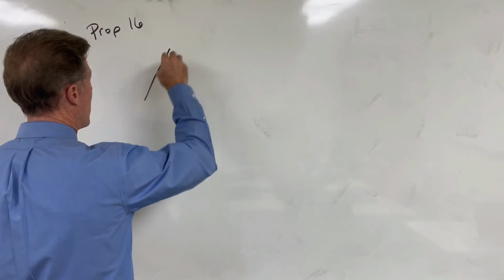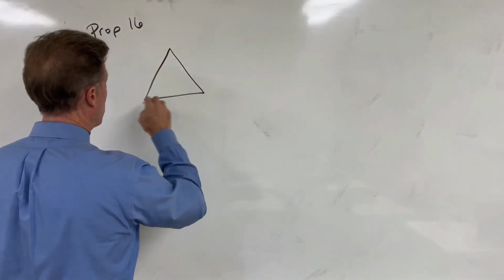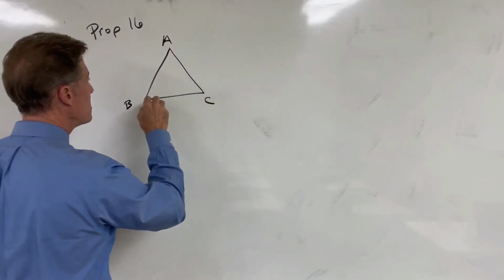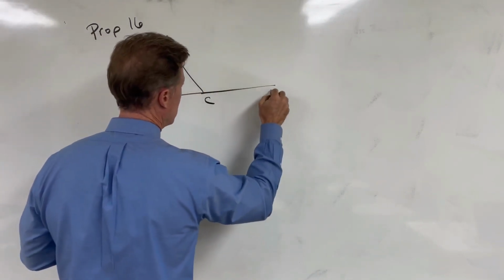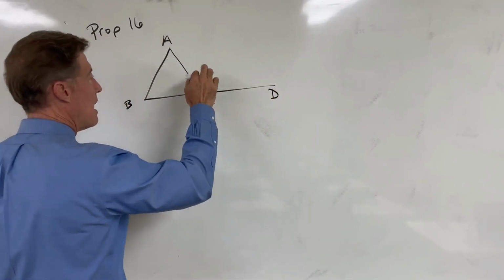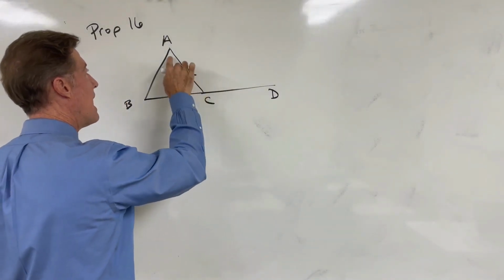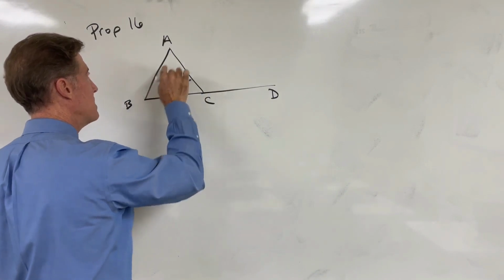So let's have a triangle ABC, and let's produce BC to D. I'm going to prove that this exterior angle is greater than either of these two opposite interior angles.